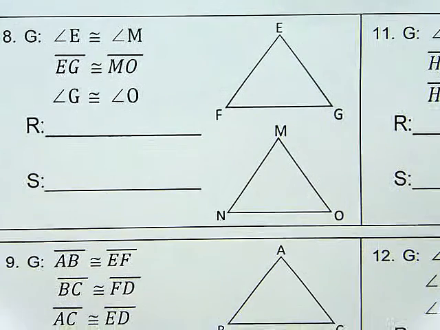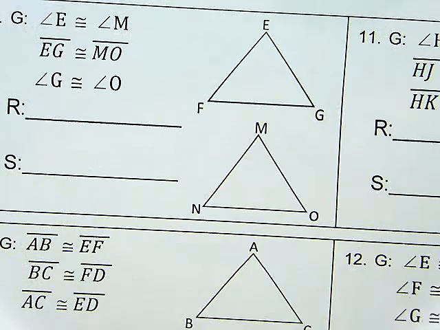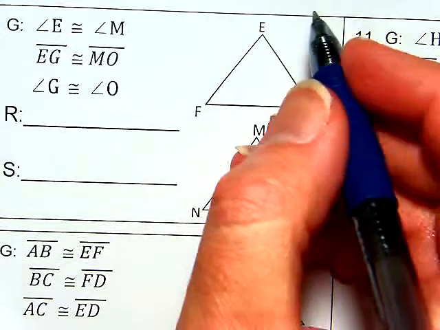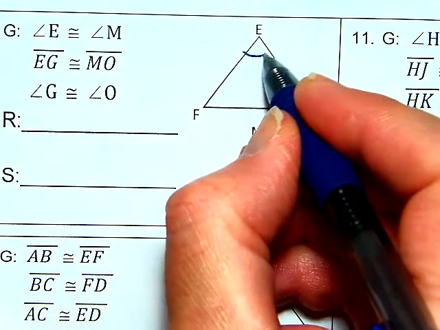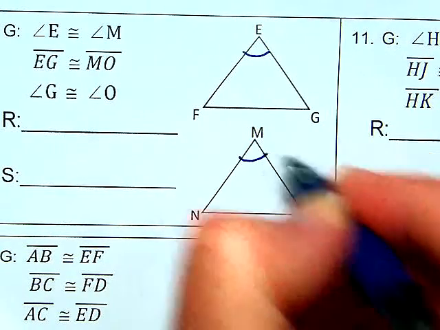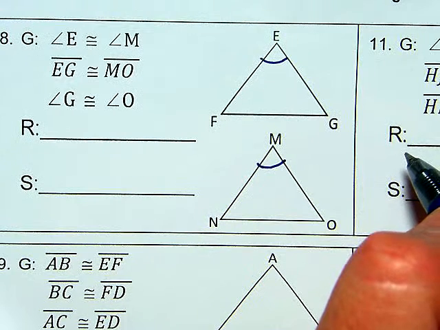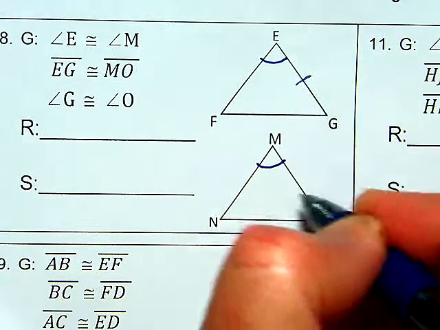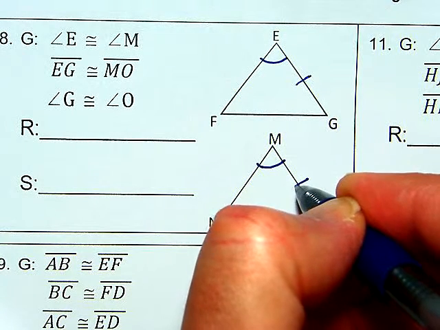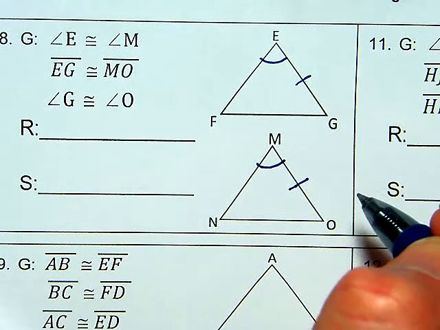I'm going to show you a slightly different notation that's commonly used for congruent angles. We're just going to write a single curved line representing that E and M have equal measures. Side EG and side MO are congruent, which means they have equal measures as well.